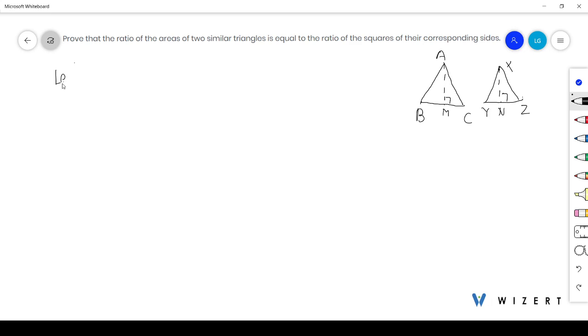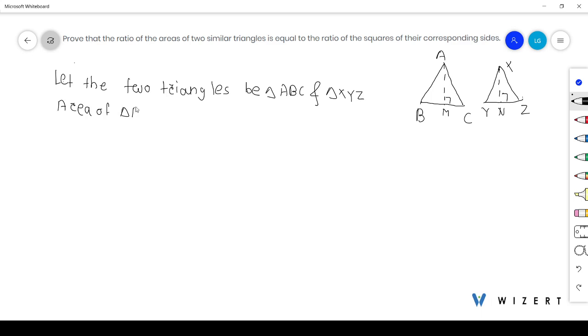Let the two triangles be triangle ABC and triangle XYZ.